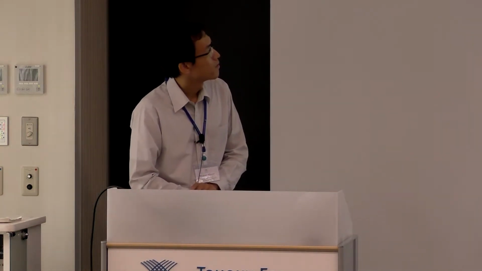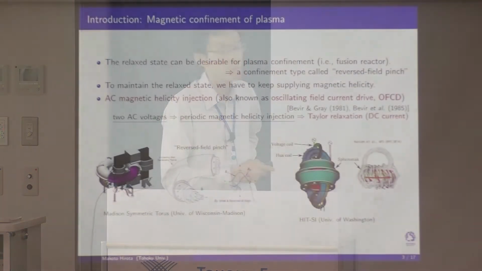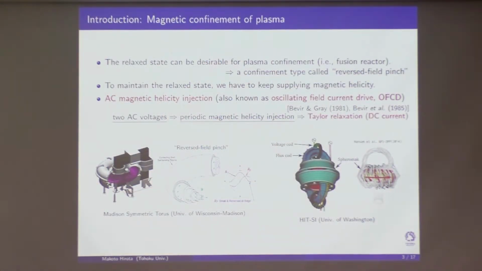However, if you consider the resistive MHD, magnetic helicity also decays more or less. So in order to maintain or control this relaxed state, we have to keep supplying magnetic helicity externally.